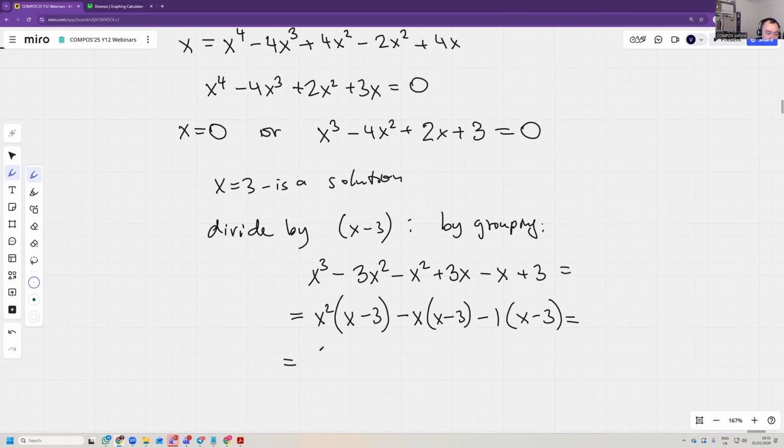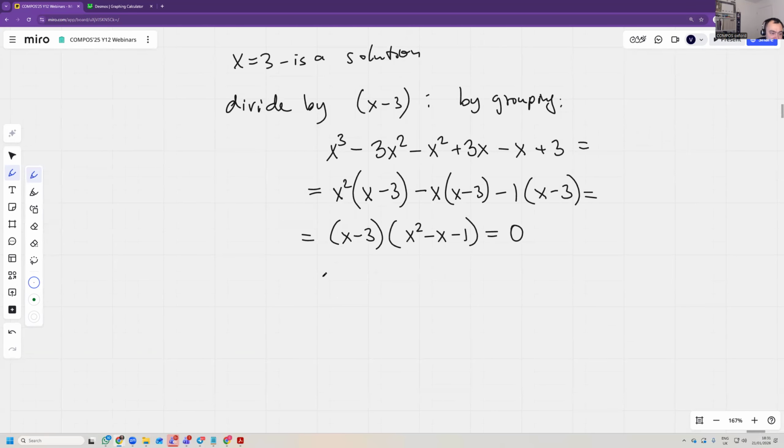Of course, now we can take x minus 3 out, and we are left with x squared minus x minus 1 equals 0. So that means x equals 3, or x squared minus x plus 1 equals 0.